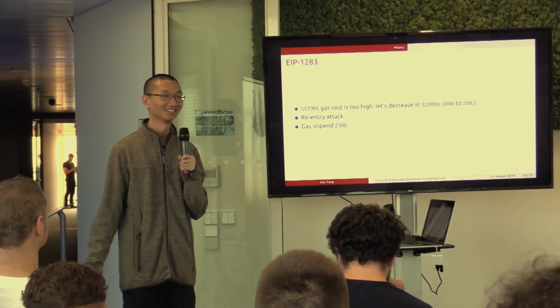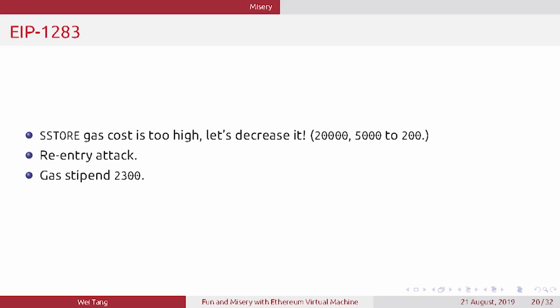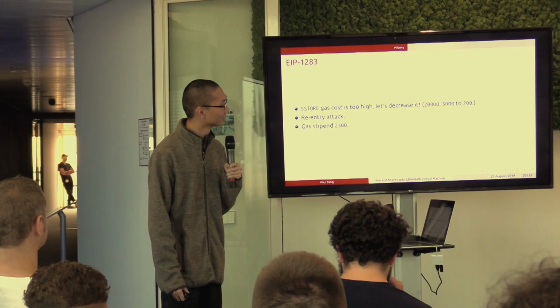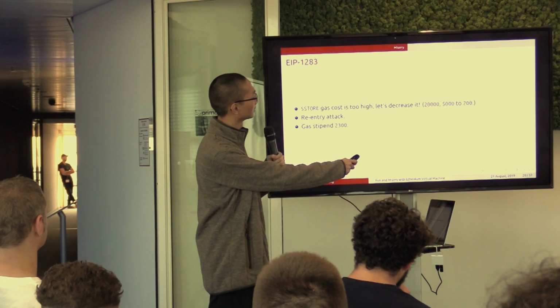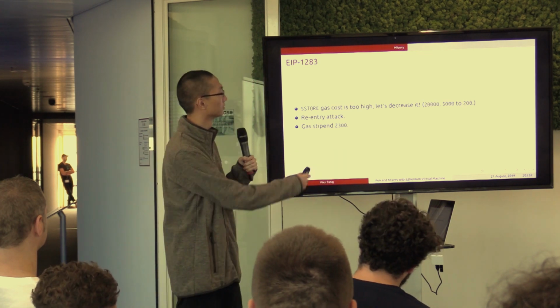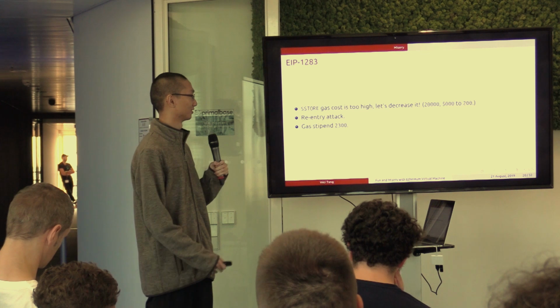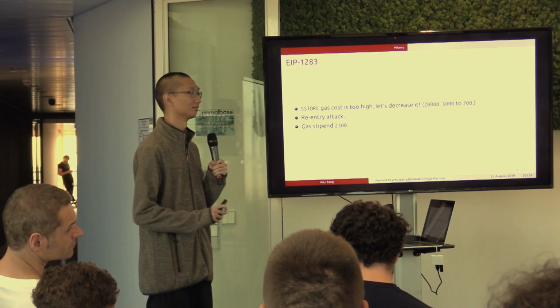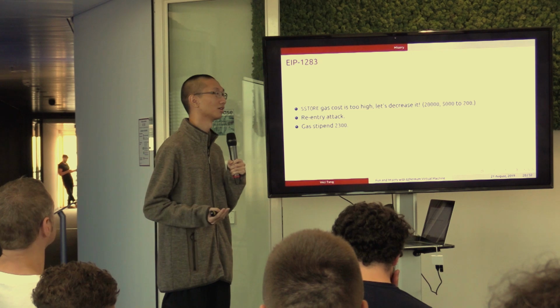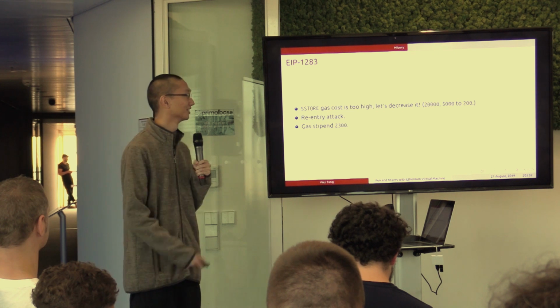What could go wrong? Turns out we have a re-entrancy attack. The issue is we have a gas stipend, which is 2300, and because we reduced the gas cost from 20,000 or 5,000 to 200 for some cases, sometimes previously it was impossible to call SSTORE purely using the gas stipend, but now you can.